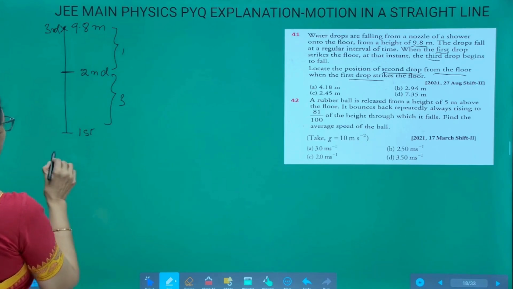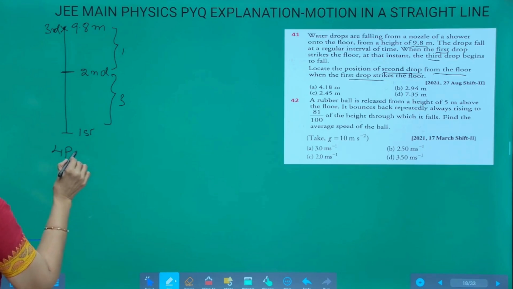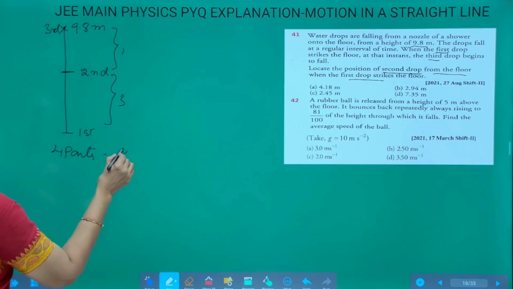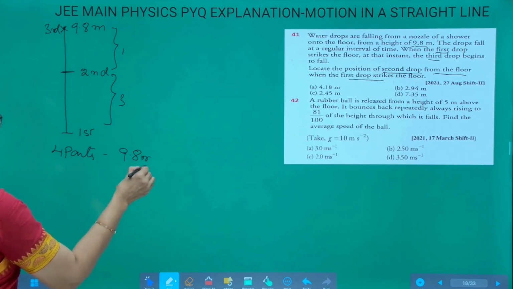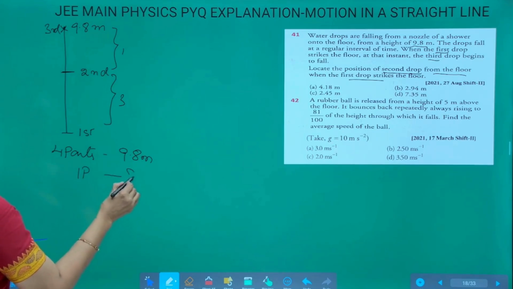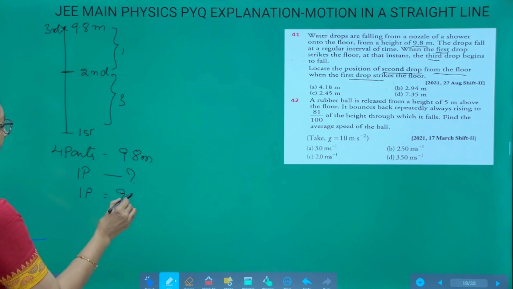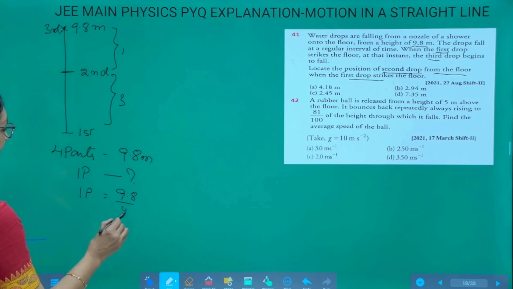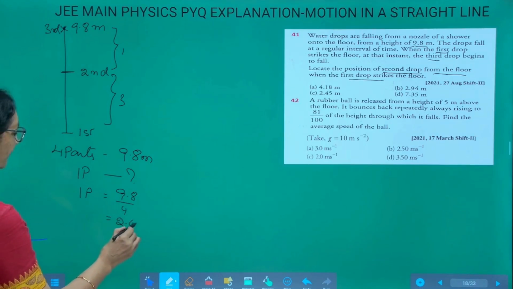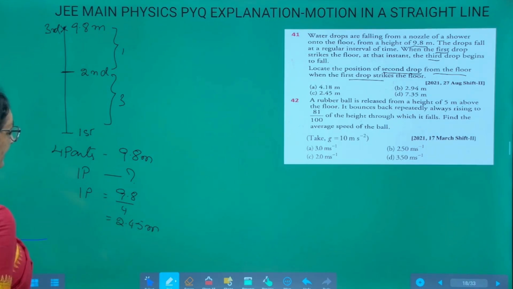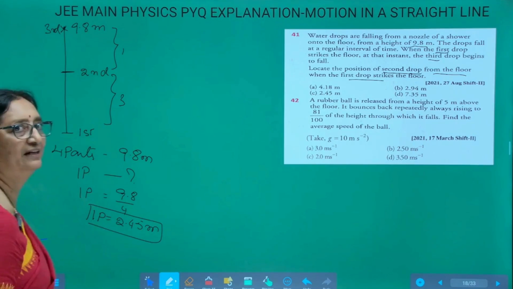The total is 4 parts, and 4 parts length is 9.8 meters. So how much is 1 part length? 1 part length is 9.8 by 4, which is 2.45 meters.